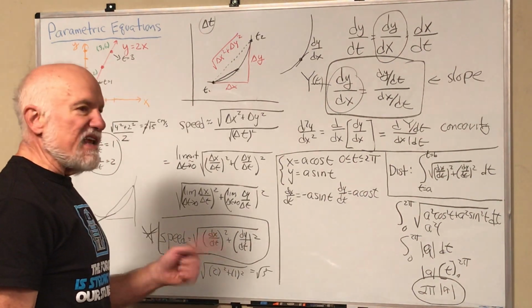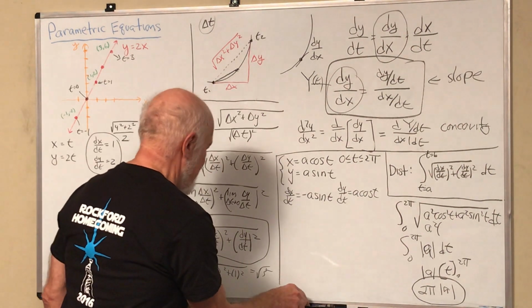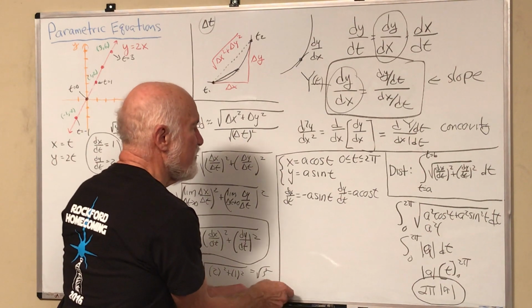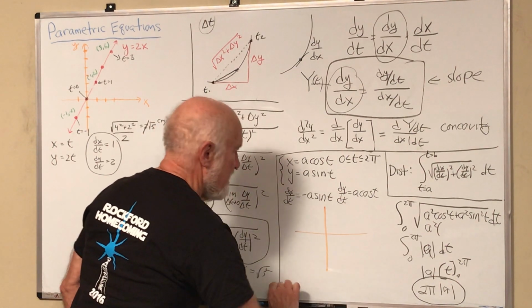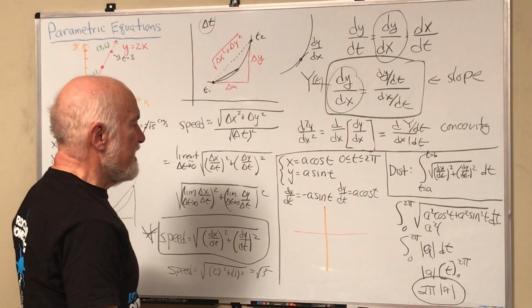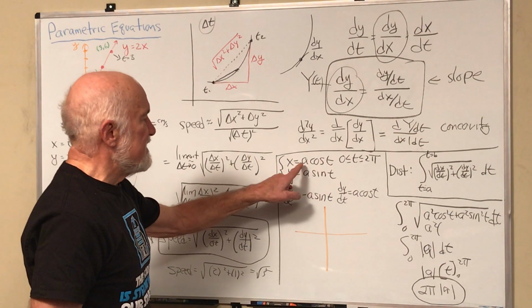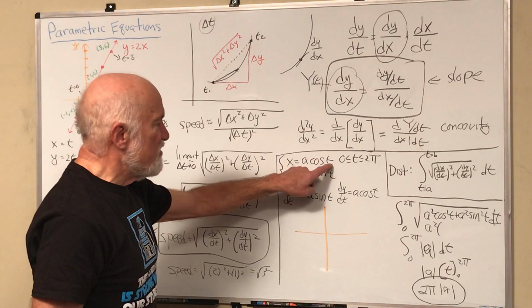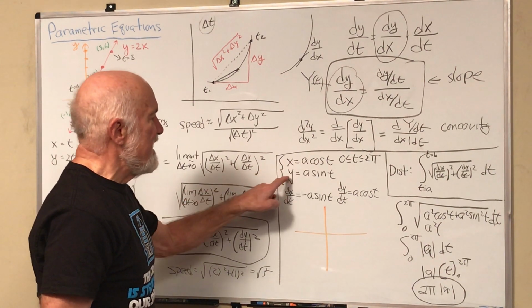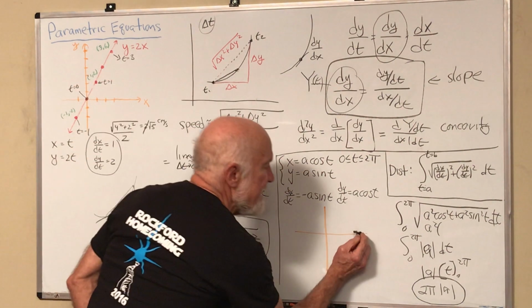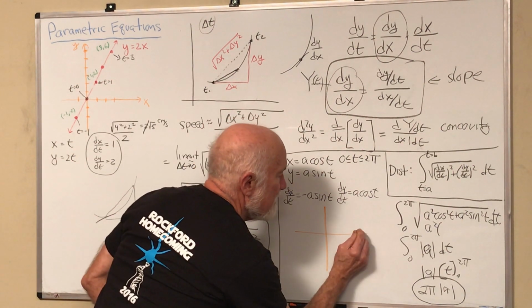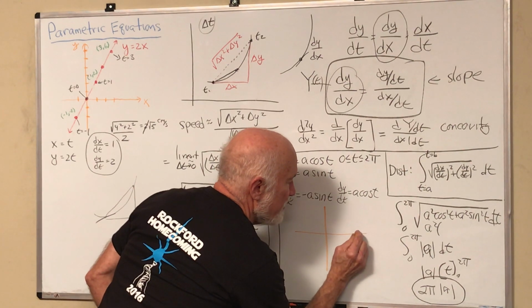Now I wonder if that makes any sense. Say we made a graph. What does this path look like? Well, when we start at t equals 0, we're at a cosine of 0. So x is equal to a, and y is a sine of 0. So you're at (a, 0).